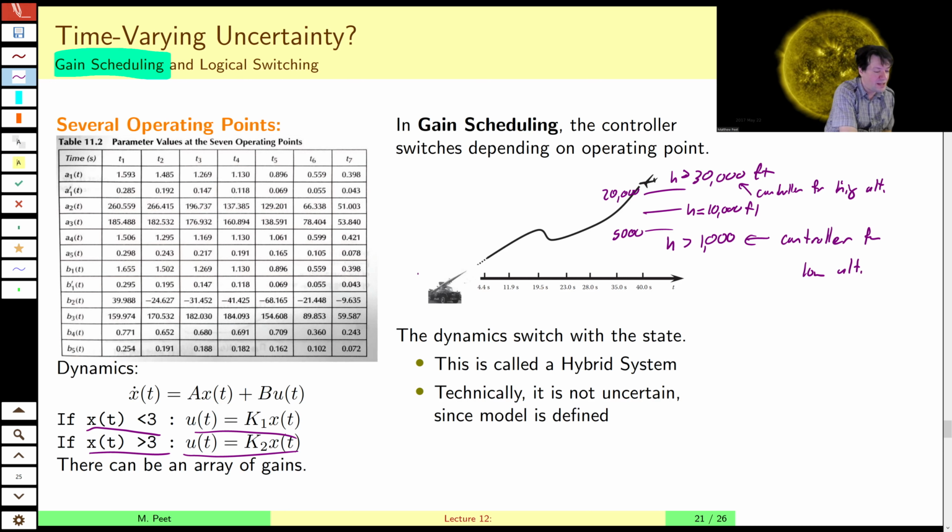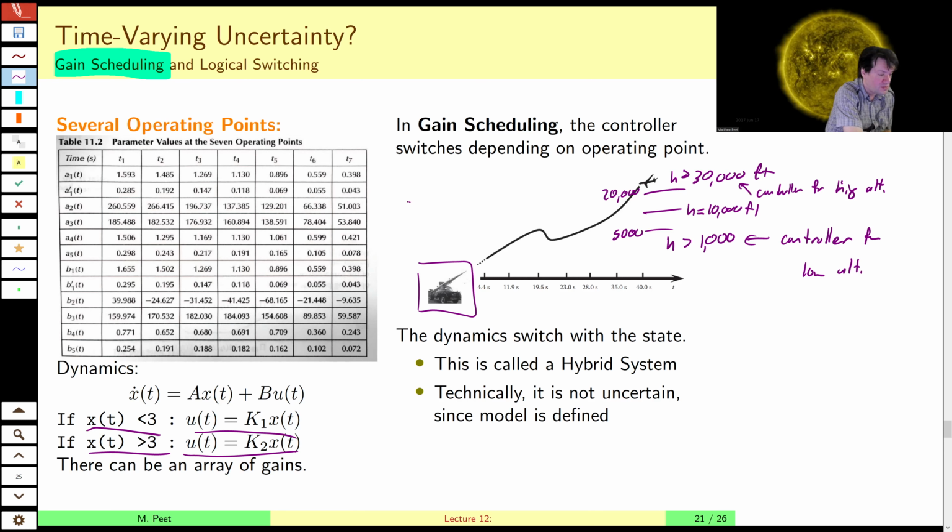I think this is actually an image from the book. So you're trying to shoot down the airplane. I don't think that's a great idea, so we'll just think about airplanes and not shooting them down. In any case, that switching dynamics is very common for gain-scheduled systems, and it's not just height. Different velocities require different controllers because the dynamics change significantly at different velocities.